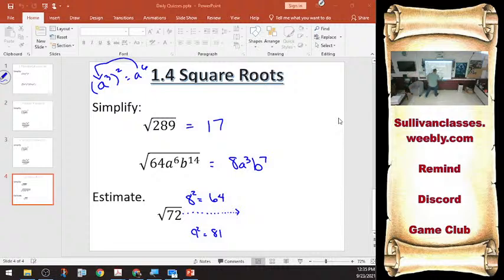So I'm going to say this is about 8. Since 72 is closer to 64 than 81, that means its square root is closer to 8 than 9. At least that's how we did them last week.